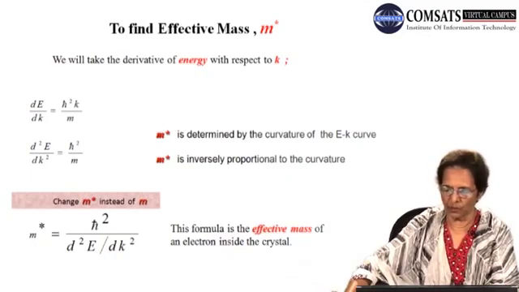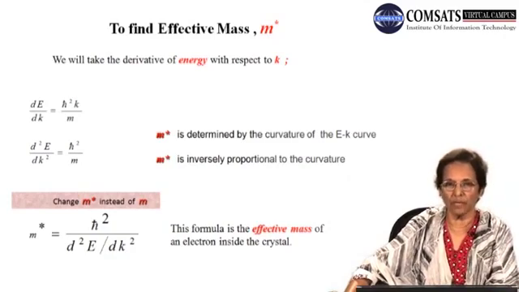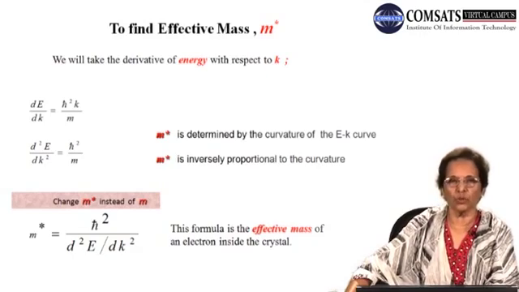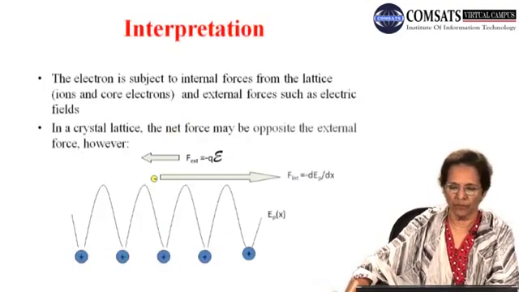So this formula gives you the effective mass of the electron inside the crystal, where capital E is the energy associated with the electron, K is the wave number, which is 2 pi by lambda, lambda being the wavelength which the electron has while moving in the crystal, and m star being the effective mass. So m star, the effective mass, according to this equation, is related to the wavelength of the electron in a given crystal.